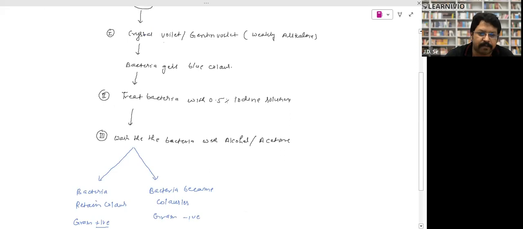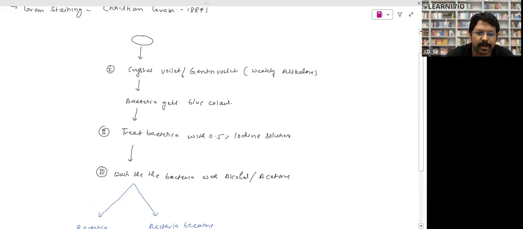He took a bacteria and colored it with the dye crystal violet or gentian violet, which is a weakly alkaline dye, right?